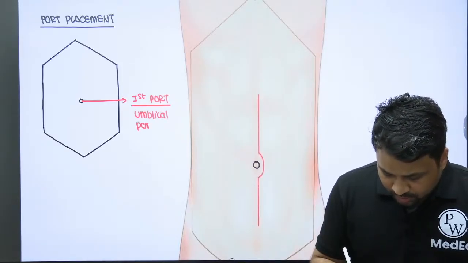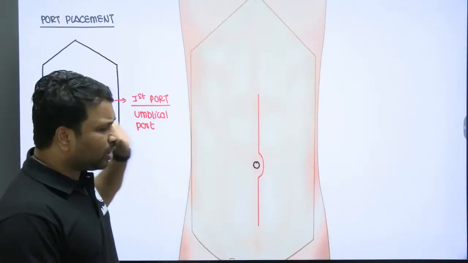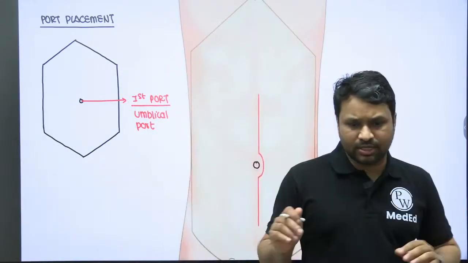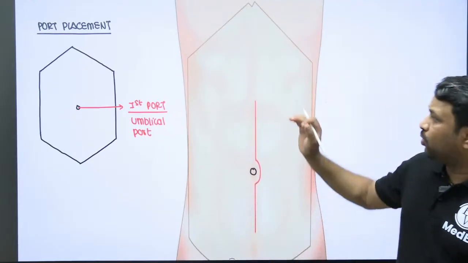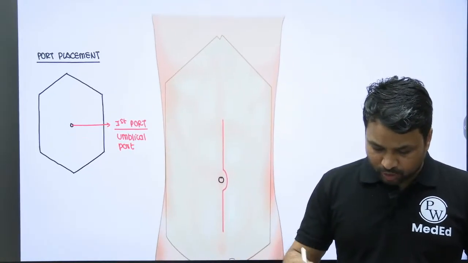Okay? अब यही पोर्ट है जहां से आप अपना कैमरा डालोगे. तो अगर normal, without any previous abdominal incision or scars, then I would like to put my port in your umbilical port. Now imagine if a patient had a previous laparotomy.